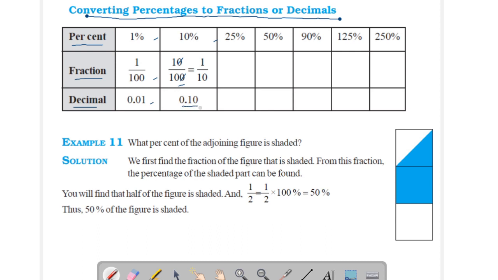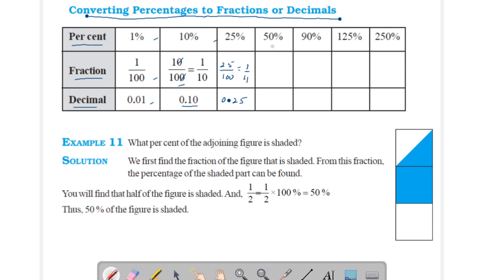Similarly, you can do 25%. So 25% can be written as 25 upon 100, and if you simplify it, it can be written as 1 upon 4, and in decimal we can write it as 0.25.